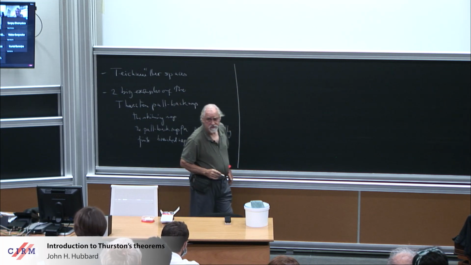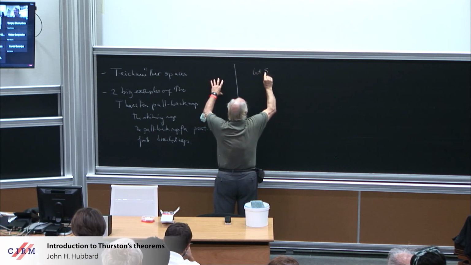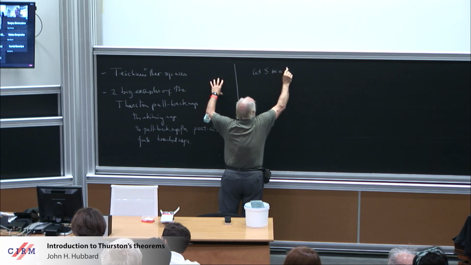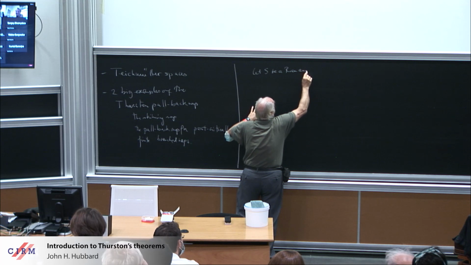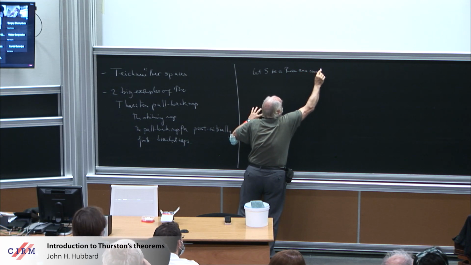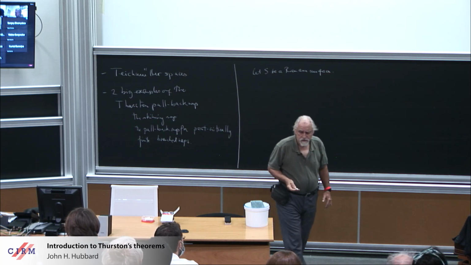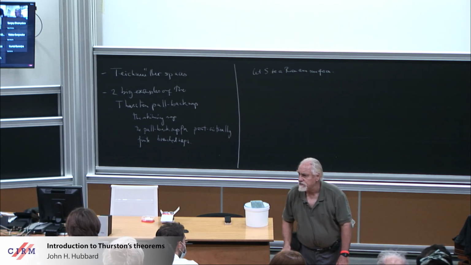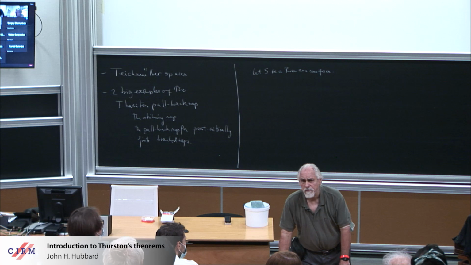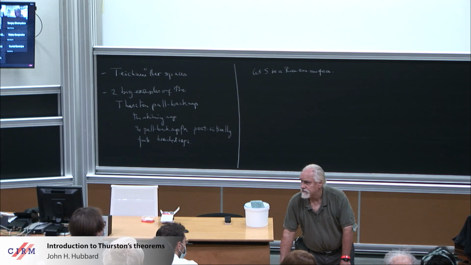So, Teichmüller spaces. Let S be a Riemann surface. In the actual applications of Thurston's theorem, the Teichmüller spaces are only Teichmüller spaces of Riemann surfaces of finite type, complements of finitely many points in a compact Riemann surface.